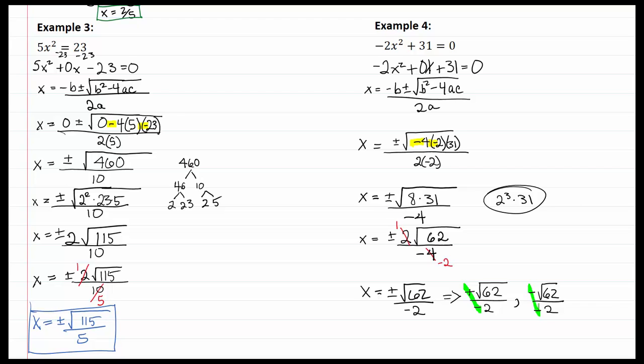This one's going to be a negative divided by a negative. So really, we still are going to end up with the same two solutions. Negative root 62 over 2, and our other solution is positive root 62 over 2. It might not be a big deal, but if you're having trouble with that negative in the denominator, sometimes it helps to write that out.